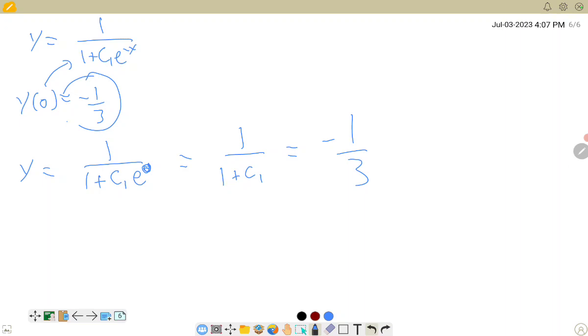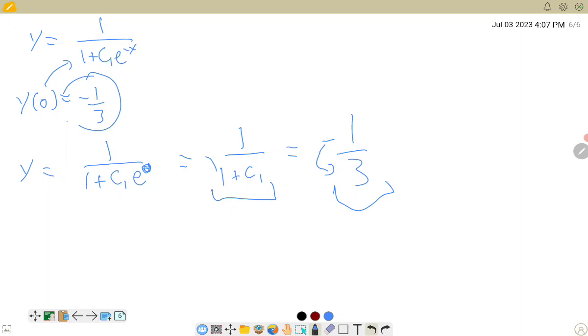So we can do this one of two ways. We can cross multiply if we want, or we can just recognize that because we have a 1 here, we could migrate this negative down here to the denominator, so to make this negative 3. So we have 1 over something equal to 1 over something, so that means that the denominators have to be the same if we have this equal sign here.